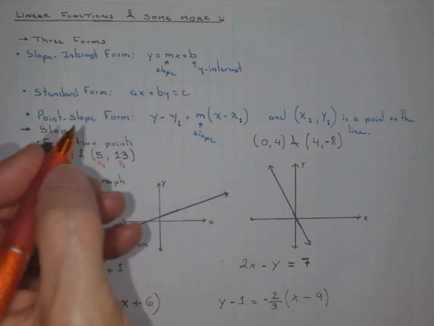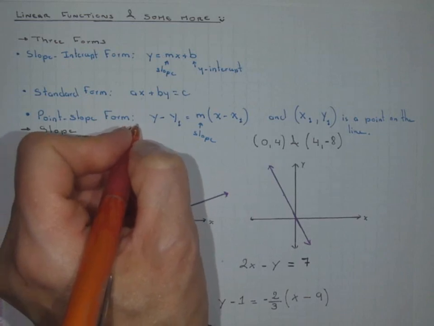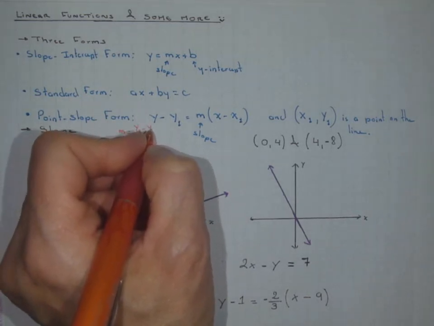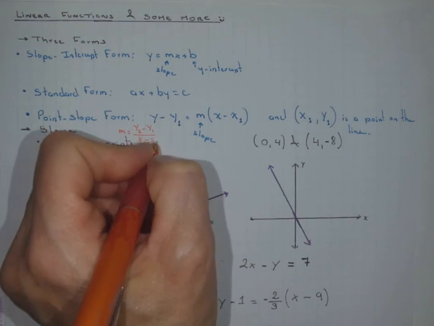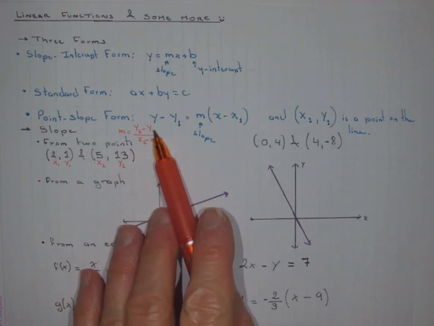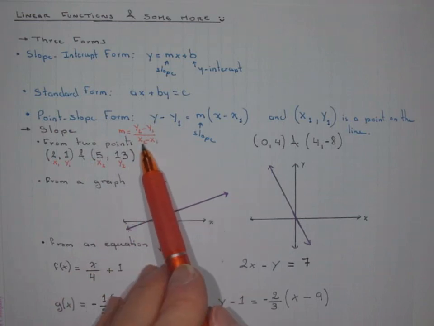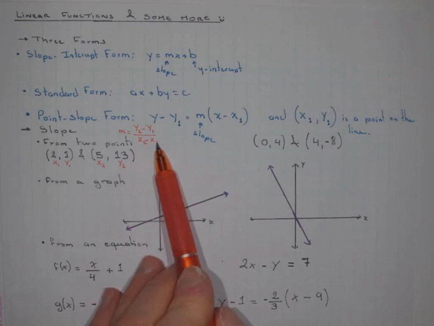So the slope formula says m = (y2 - y1) / (x2 - x1). So the y value of the second point minus the y value of the first point, divided by the x value of the second point minus the x value of the first point.